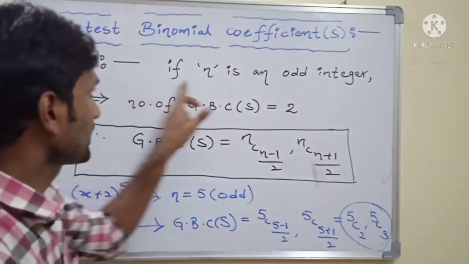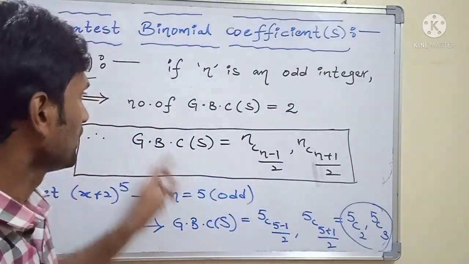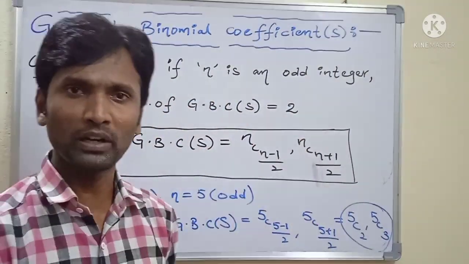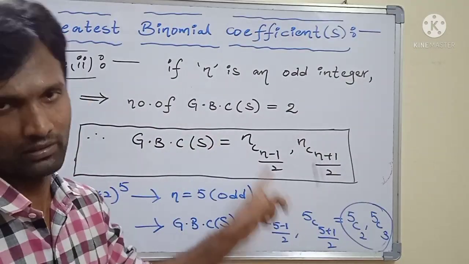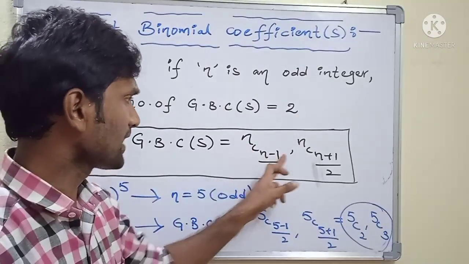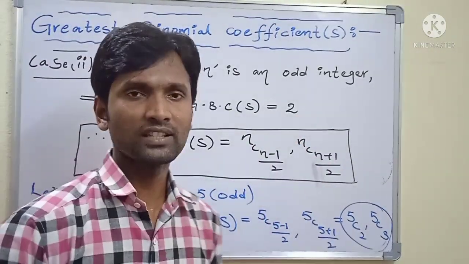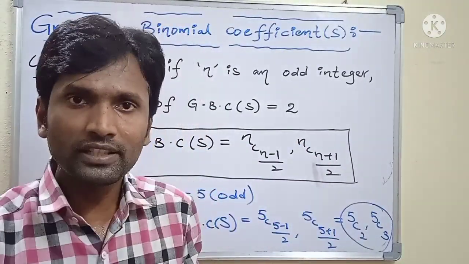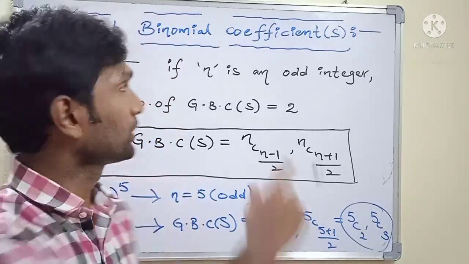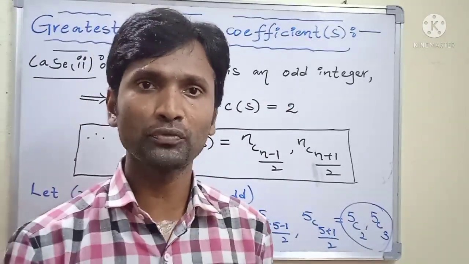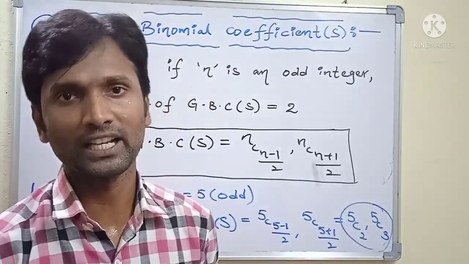In the second case, if n is an odd integer, then the number of greatest binomial coefficients equals 2, and the formulas are nC(n-1)/2 and nC(n+1)/2. So this is the complete information about greatest binomial coefficients of the binomial expansion.